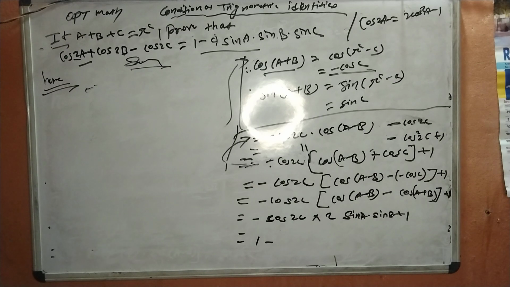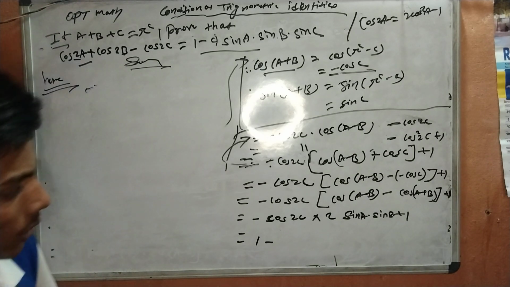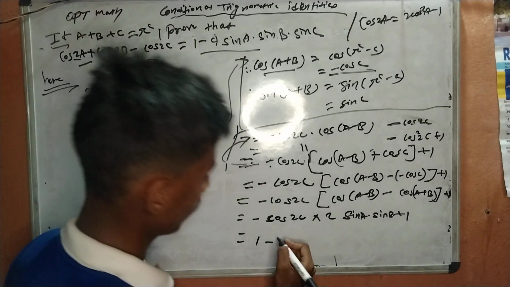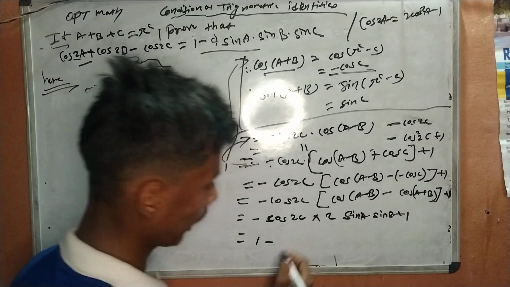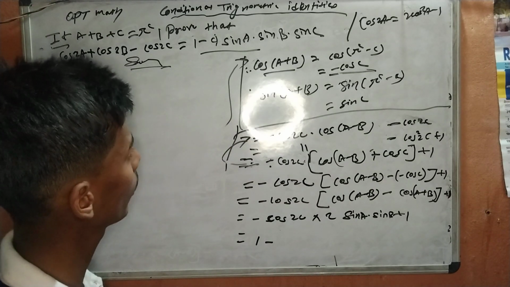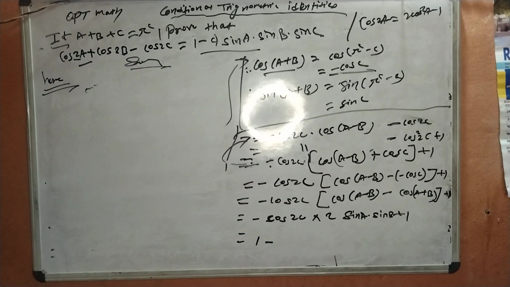So let me check the answer. Sin A into sin B, then after cos C. Okay, so cos 2C, here will be 4. How? Plus 1 sin C. How can sin C come here? Let me check the question, all of you, my friend.